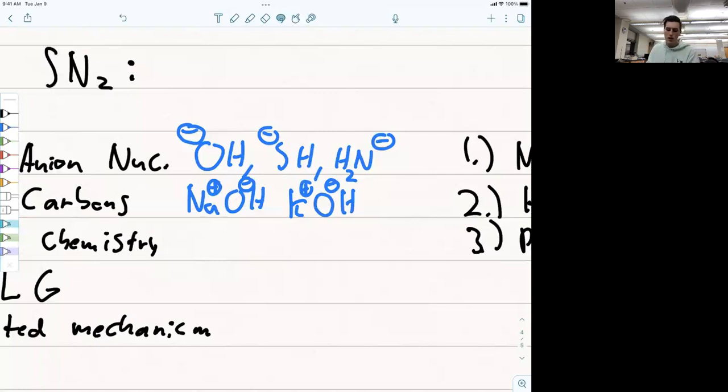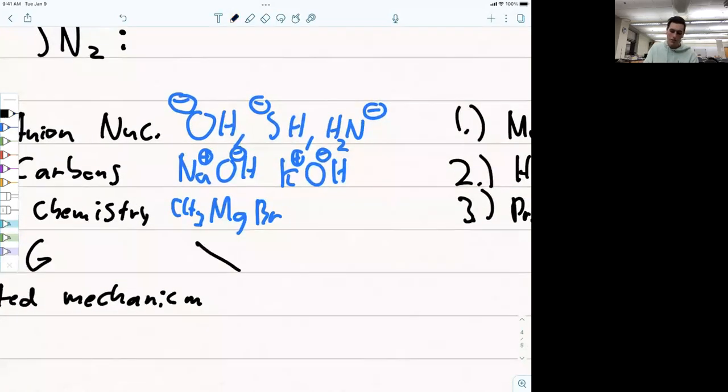The other thing you could see is a Grignard reagent, which is going to be your Mg, like MgBr, and then you could have CH3 on this side. That just means that there was a carbon that the MgBr will break off and it will produce this. That's called a Grignard reagent.